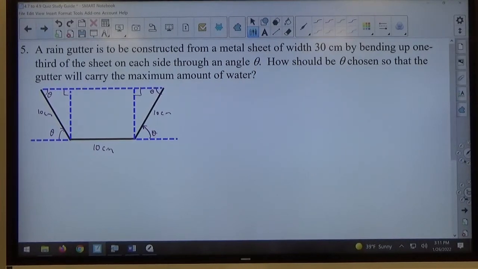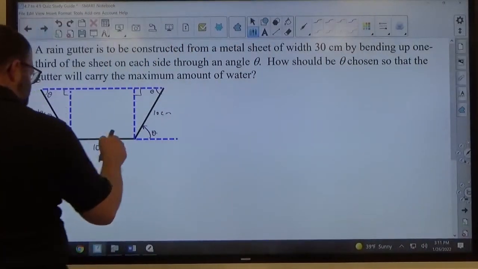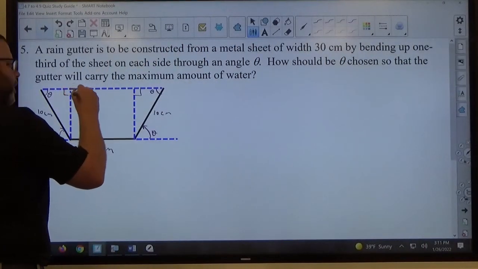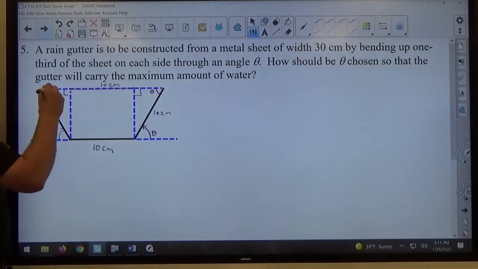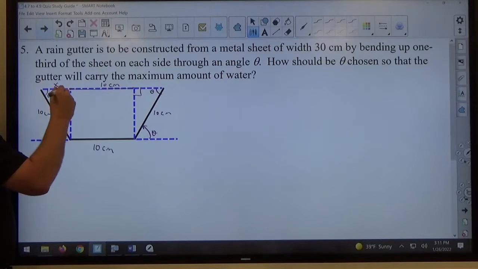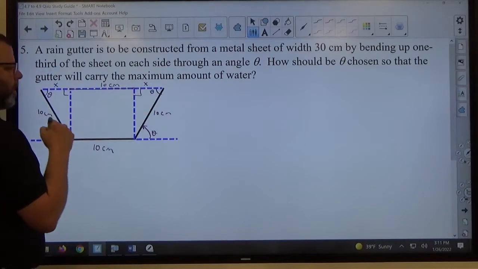The area of a trapezoid is 1/2 times the height times the sum of the two bases. So what I know is this is 10 from here to here, so from here to here is also 10. I don't know the length of this, I'm going to call it x, from there to there, and this is the same.